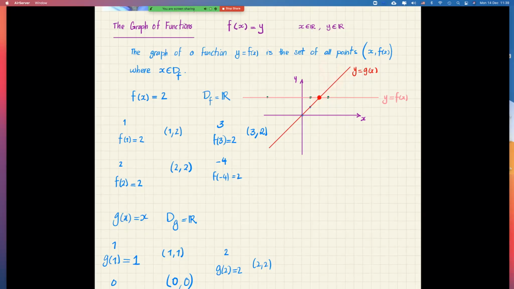So this is why I want you to understand this point, that it doesn't matter how many points I provide, it is not a good tool in my hand to be able to have a qualitative graph of my function, because I can have infinitely many possible graphs passing through finitely many points.